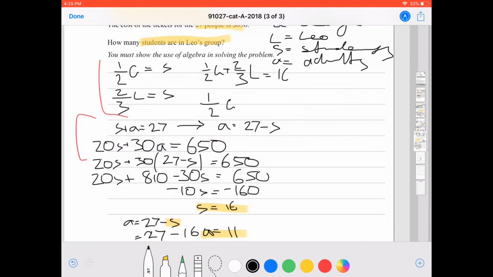So half of G plus, and the same for Leo, if 2/3 of Leo's are students, that means 1/3 of Leo is adults, and the total number of adults is 11.